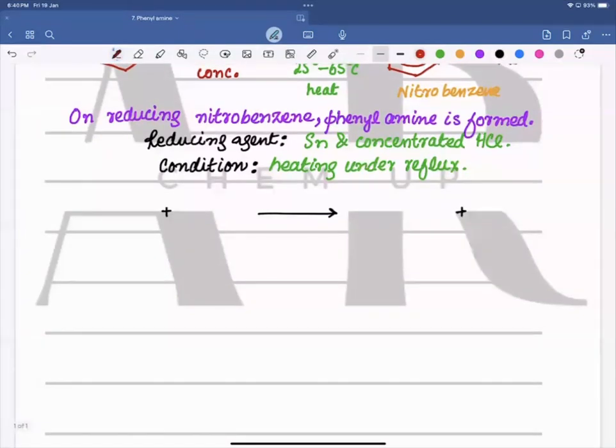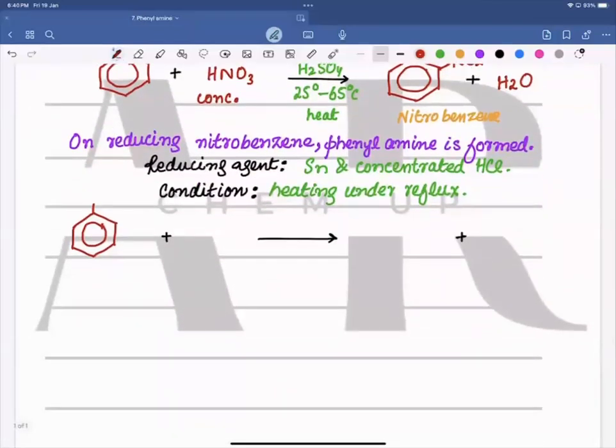So we know when we use a reducing agent, in the equation we show it by atomic hydrogens. So that is nitrobenzene. Here I will show you 6 hydrogens, and the condition is tin and concentrated HCl as the catalyst and reflux.